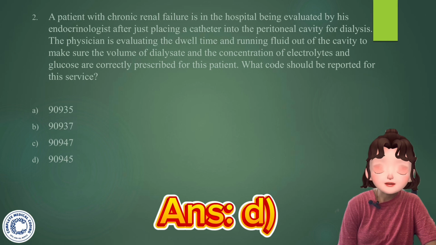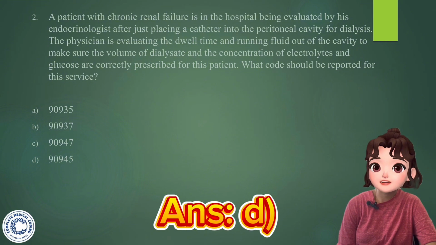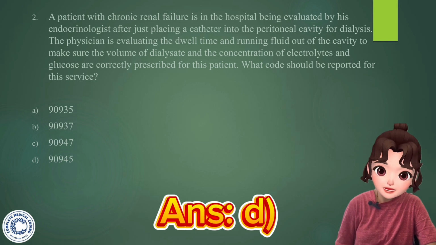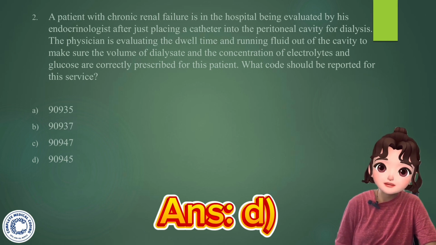Dialysis procedure with single evaluation by a physician or other qualified healthcare professional, because here it's mentioned the physician is evaluating the dwell time and running fluid, which is a single evaluation. They didn't repeat it again. So, you have to mark the single evaluation code. So, 90945 is the answer. Hope you understand.